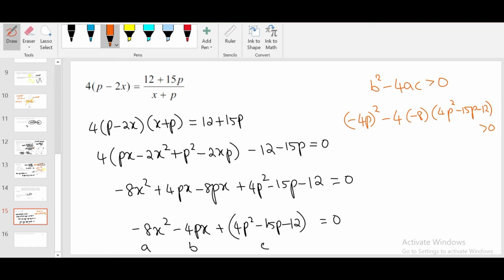Simplify carefully, you will get 16p square. This is 4 8s, plus 32.